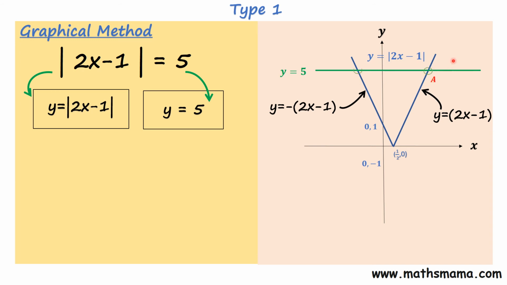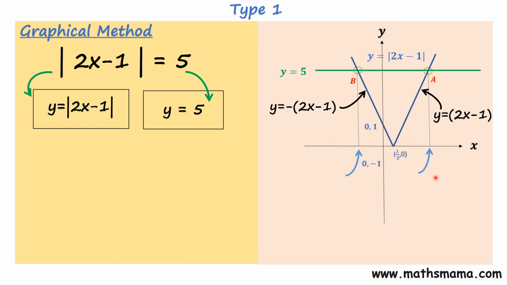To locate these x coordinates, we can project these values downward. This x value is going to be greater than half and this x value is going to be less than 0. So we get one solution as positive, the other solution as negative.